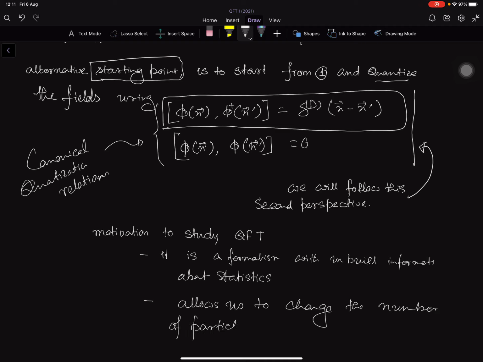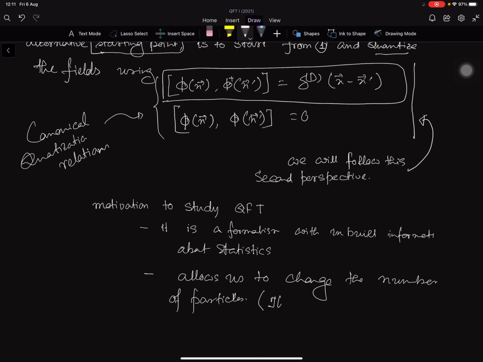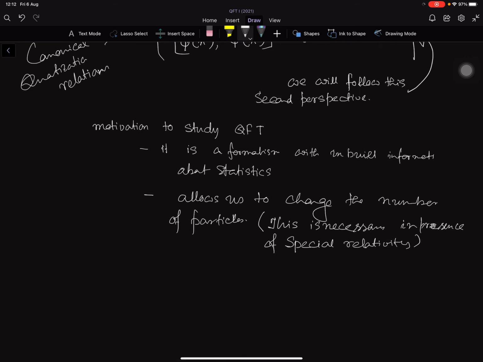And changing the number of particles is absolutely necessary in the presence of relativity. Okay, so we conclude here, and in the next lectures we will see how special relativity and quantum mechanics create a problem. So that will basically justify this statement.